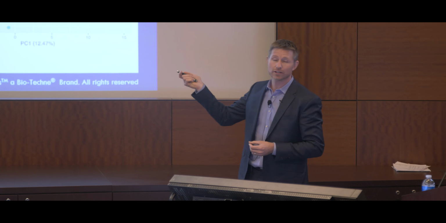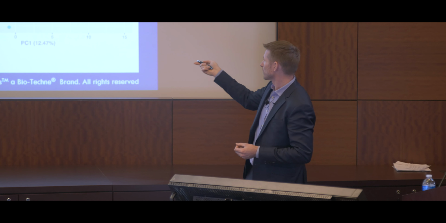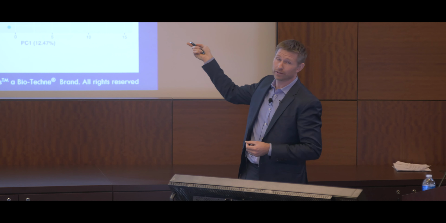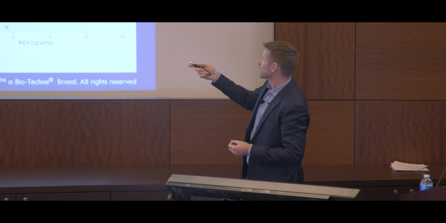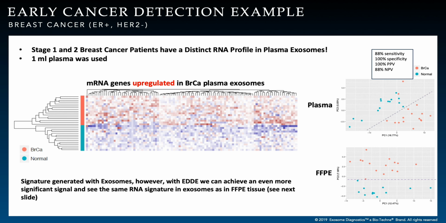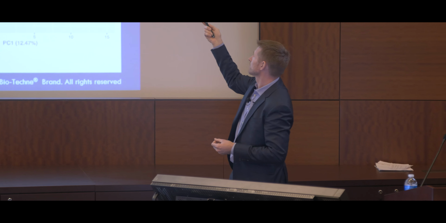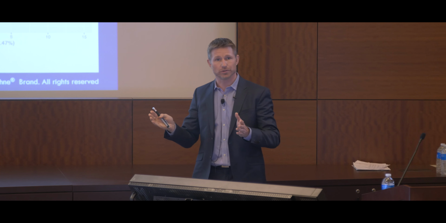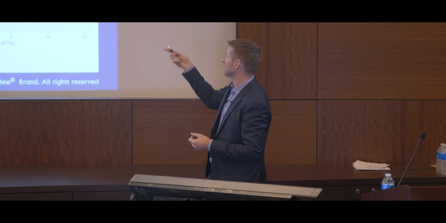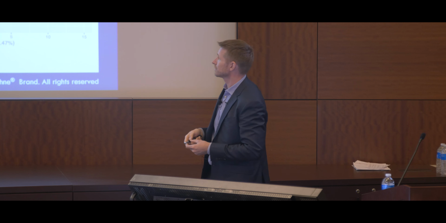And when we sequenced the tissue from the tumor and the benign lesions, of course, the benign lesions look different than the early stage cancers. That was expected. However, when we took total plasma exosomes and sequenced them, we actually saw almost a similar distribution of patients and control, that we could actually separate the patients from the early stage cancers.